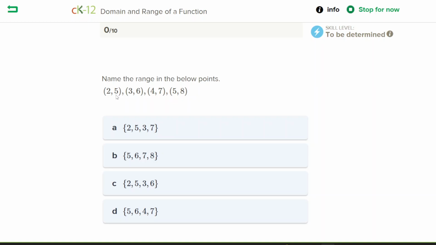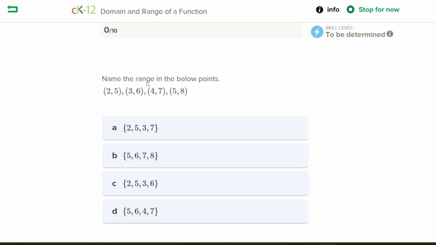The second value after the comma in the ordered pair is typically referred to as the y coordinate or y value of the pair. All right, so we have 2, 5, then the pair 3, 6, and the pair 4, 7, and finally the pair 5, 8.